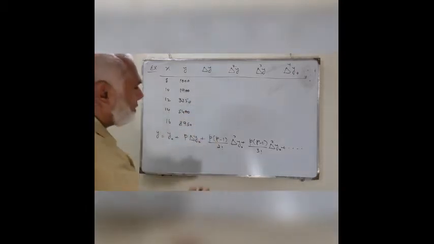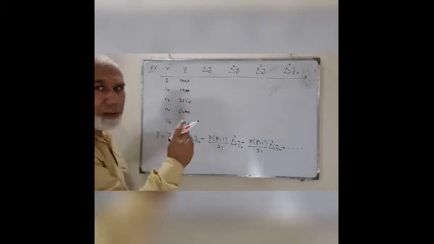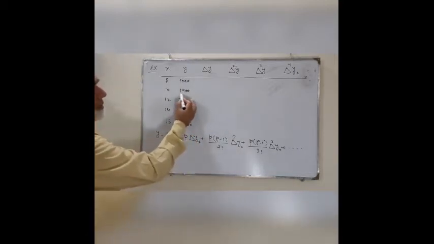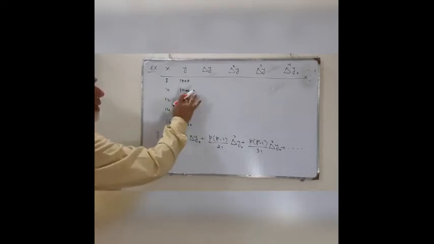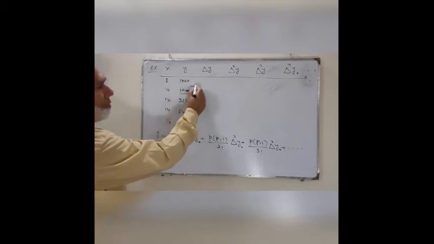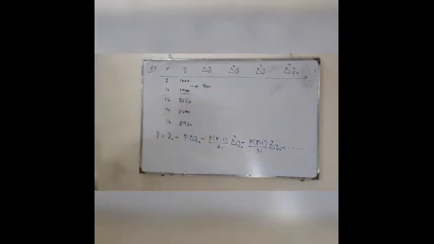Now you have to calculate these columns one by one. You have to focus very carefully. Just take the difference of the next minus the previous. The next is 1900 minus 1000, and put a small arrow here and write down the difference here.